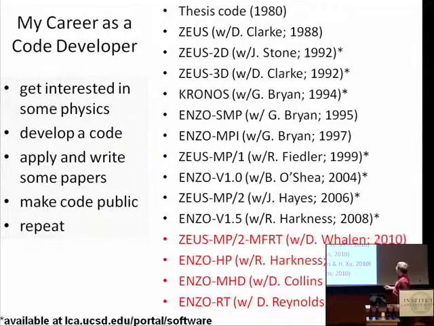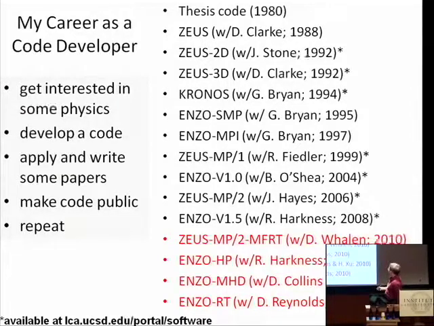That was followed by early developments of the adaptive mesh refinement code, ENZO, in the late 90s. Then we took the ZEUS code and made an MPI parallel implementation around the turn of the century. Now we just hopscotch between ZEUS and ENZO releases. The first public release of ENZO was in 2004.